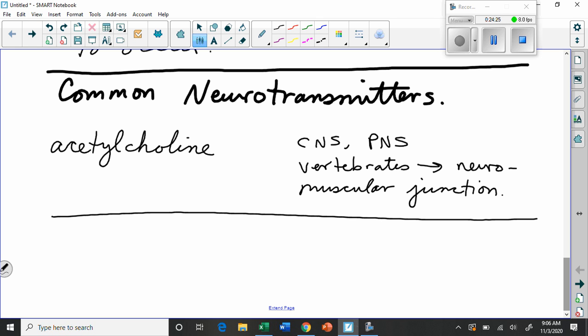Other very common ones, there's norepinephrine. That one is usually the CNS and the PNS. Both secrete that one. Then we also have dopamine.